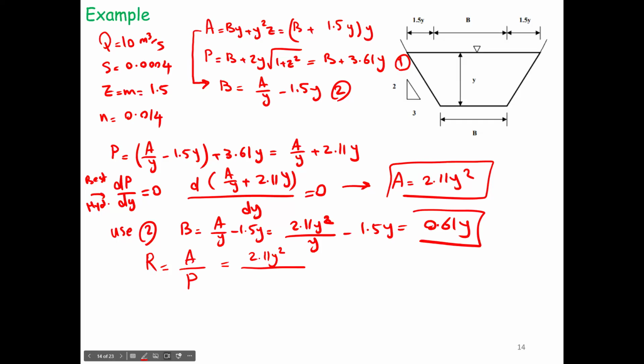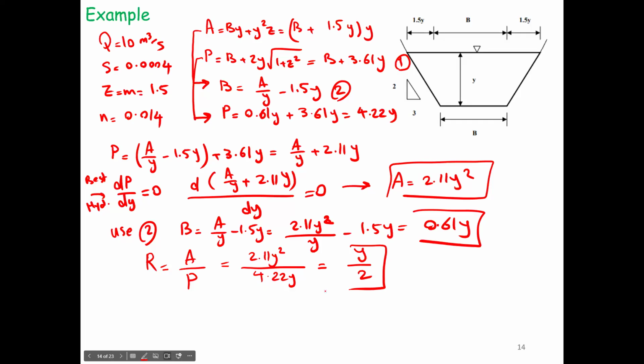I can do it for you. P is 0.61Y plus 0.61Y, which is 4.22Y. That's your P. If you calculate R, again, you will get the same R. So you don't need to calculate R for the best. R is always going to be half of Y.